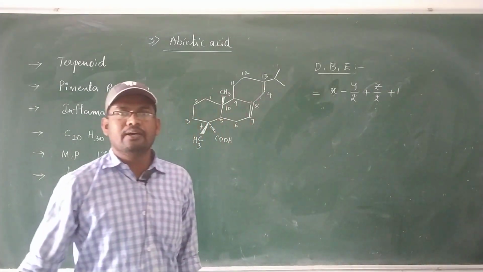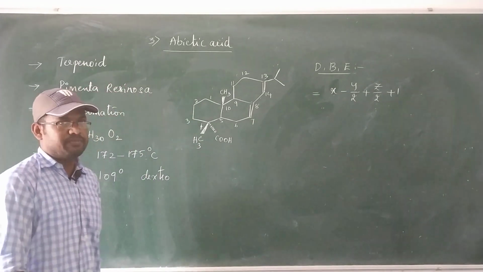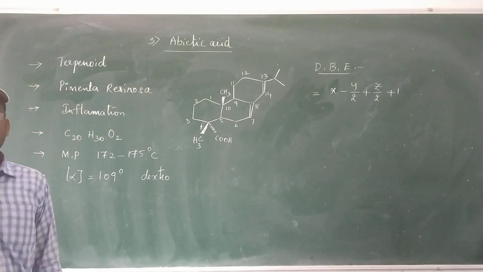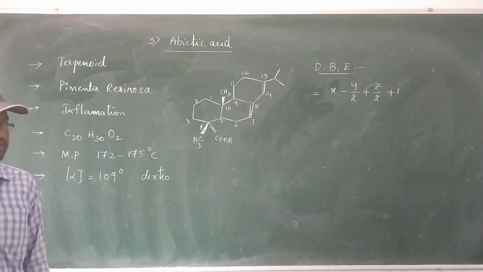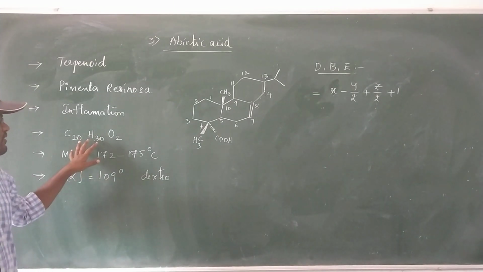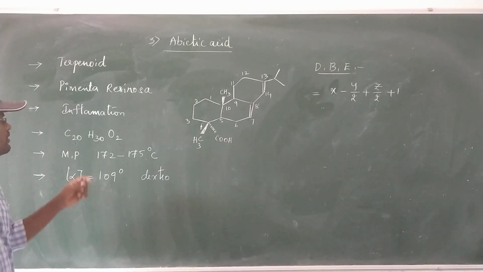We already know the terms involved in DBE. X is equal to number of carbon atoms, y is equal to number of monovalent atoms, and z is equal to number of trivalent atoms. From the molecular formula we get there are no trivalent atoms, which means there are no nitrogen atoms.